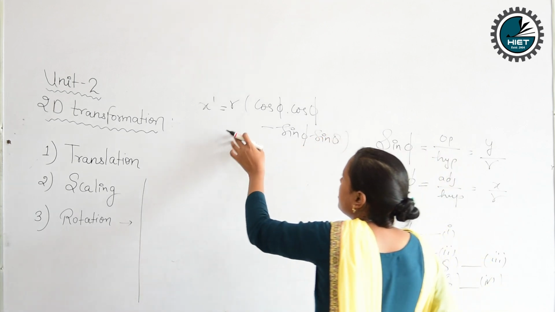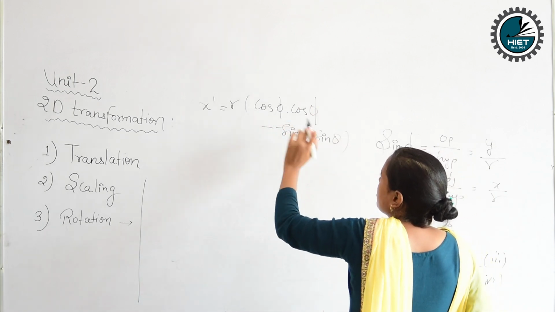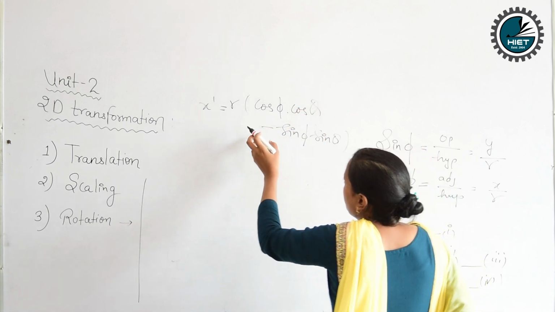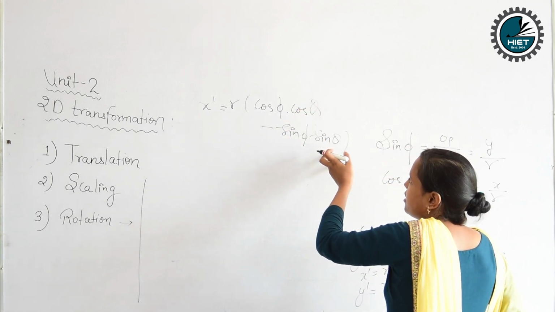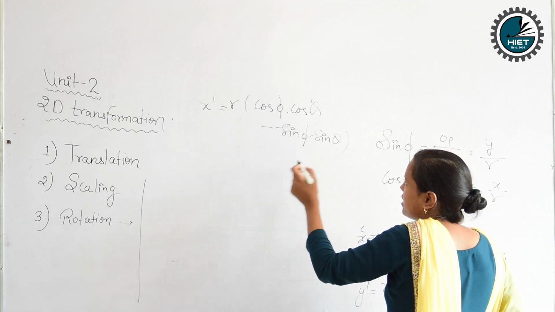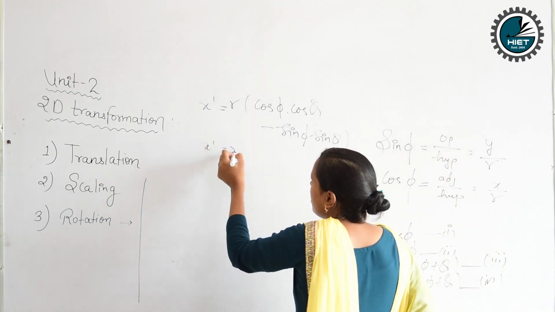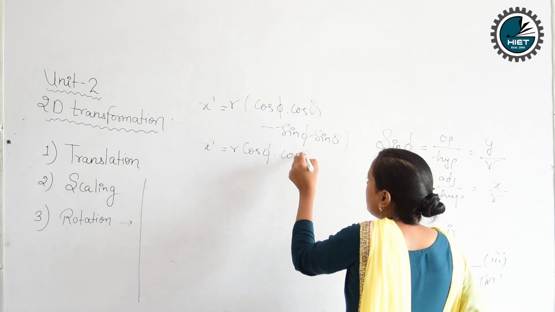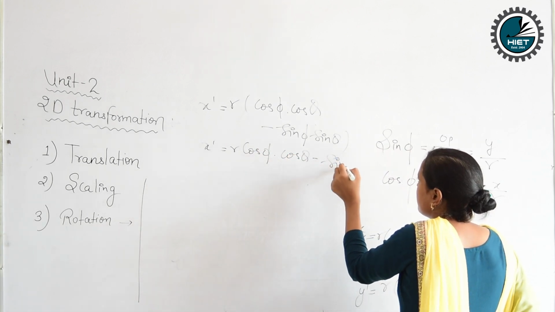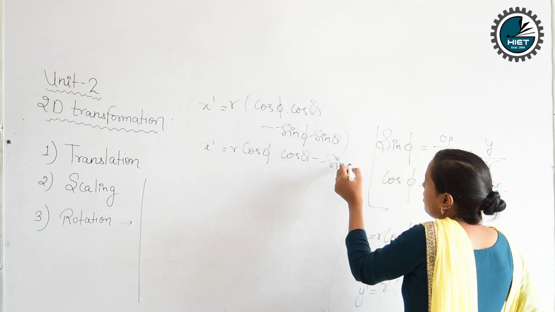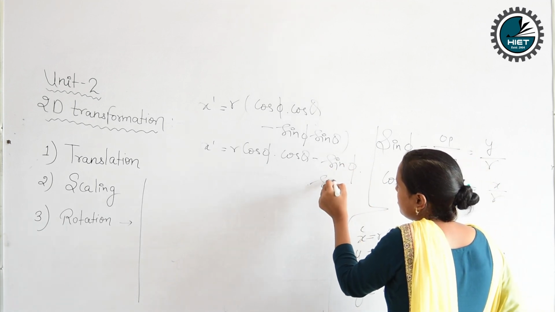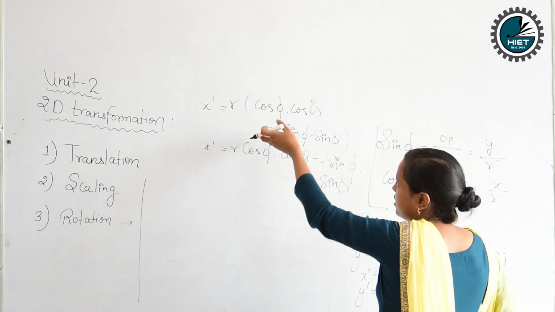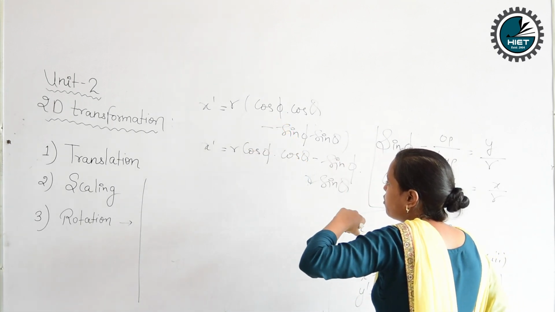This is nothing but cos phi cos theta minus sin phi sin theta. So x dash is r cos phi cos theta minus r sin phi sin theta, because we are multiplying r in the given trigonometric formula.